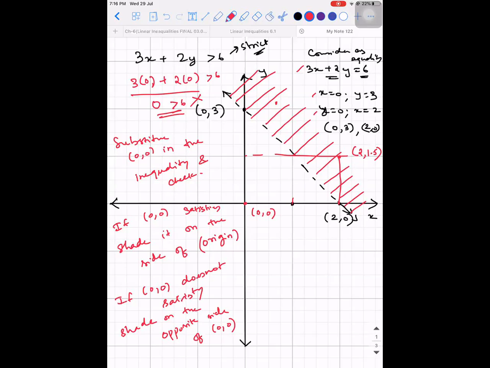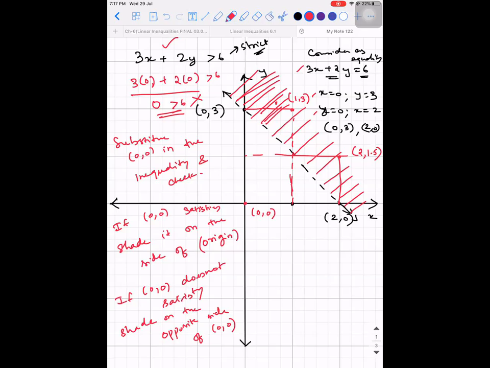For example, if I take this as 1, then this point will be 1, 3. Substitute 1, 3 and see. It will also be greater. So in this particular shaded region, if I substitute any value of x, y, this inequality will get satisfied. That is the meaning of solving an inequality graphically.